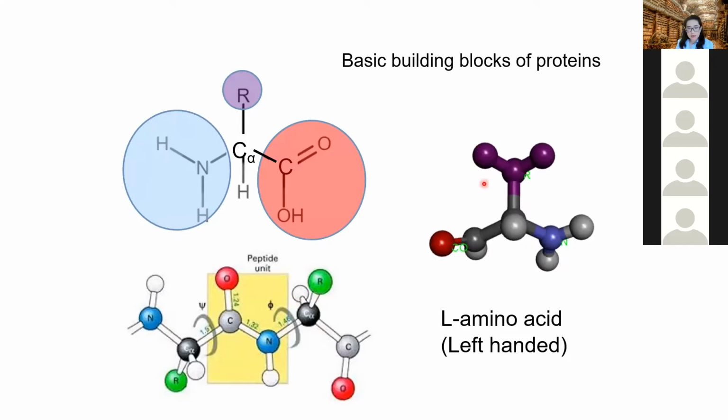And normally in nature, the amino acids have the L left-handed chirality, which means it has the left-handed character going from the largest molecular weight to the smallest one. So it goes from CO to R to N.